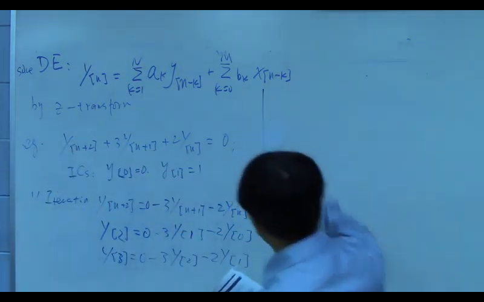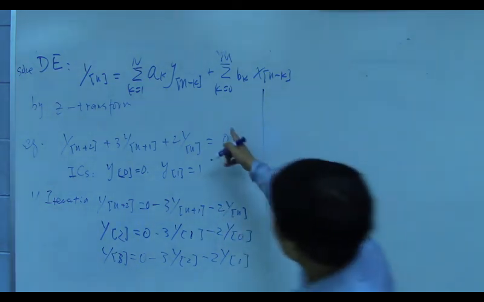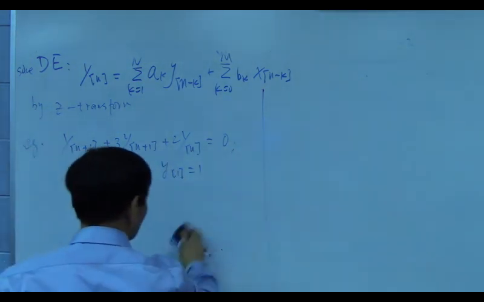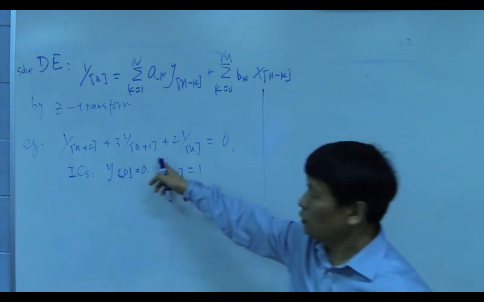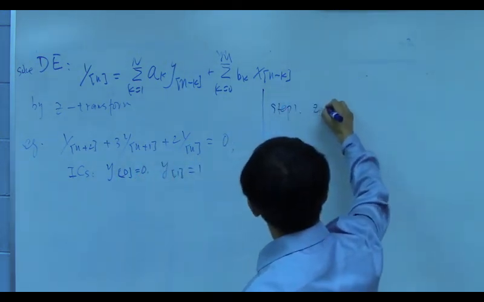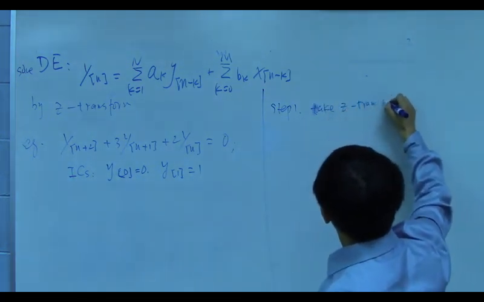What we do here is we use the z transform. First one, I will remove all this. You don't need this. Step 1, take the z transform on both sides.